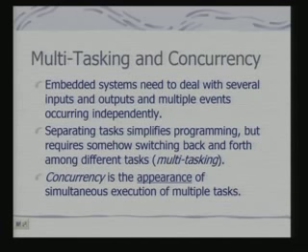Another issue is that separating tasks simplifies programming complexity. But obviously, if you have a multitasking system, we need an OS kernel which would support switching of the processor back and forth between different tasks. And concurrency is basically the appearance of simultaneous execution of multiple tasks.